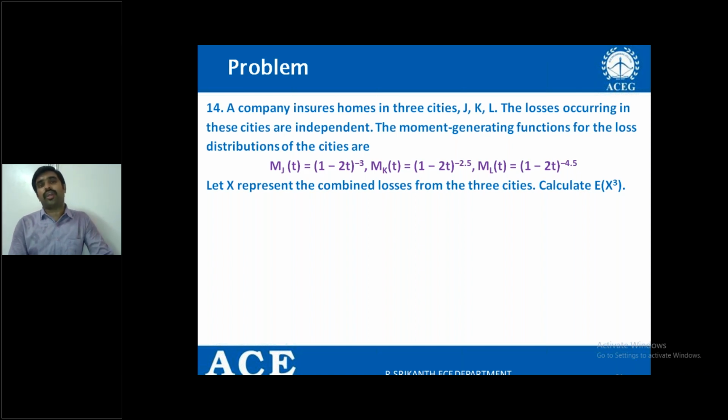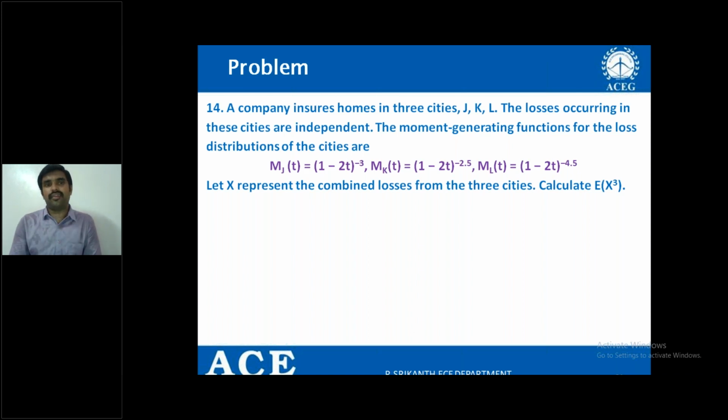The moment generating functions for the loss distributions of the three cities are given. What are the moment generating functions? M_J(t) equal to (1 minus 2t) to the power minus 3. M_K(t) equal to (1 minus 2t) to the power minus 2.5. M_L(t) equal to (1 minus 2t) to the power minus 4.5. This is the given data. Let X represent the combined losses from the three cities.